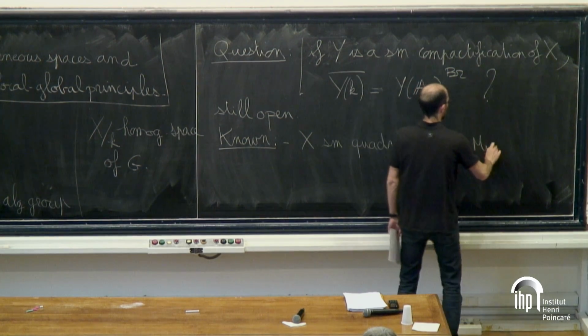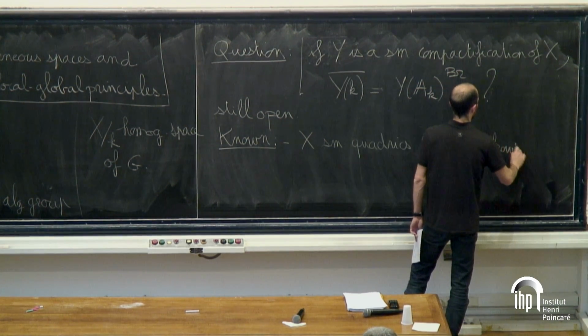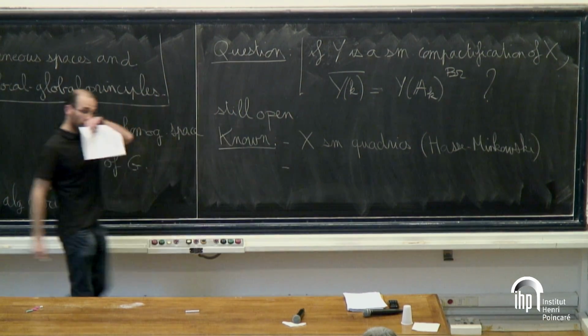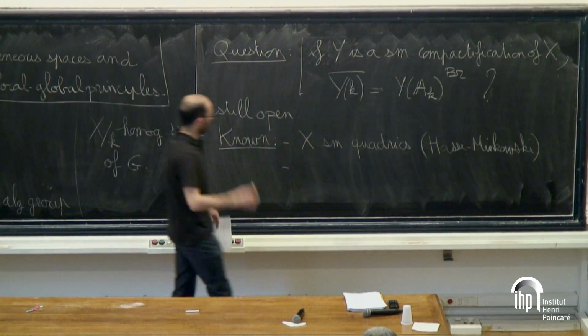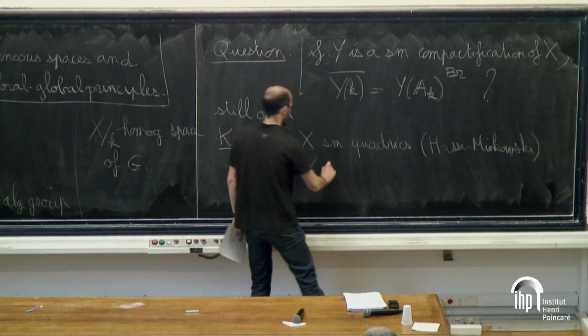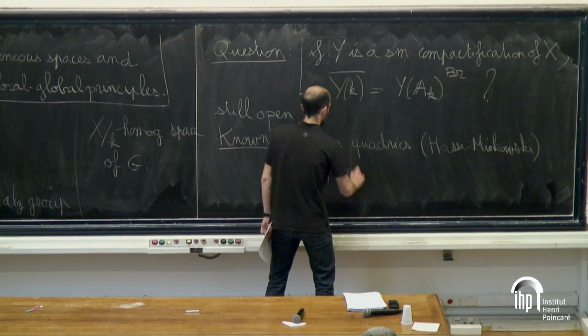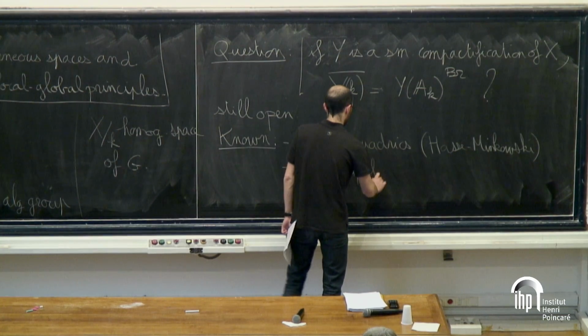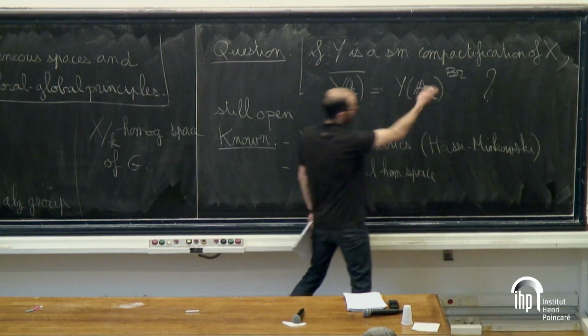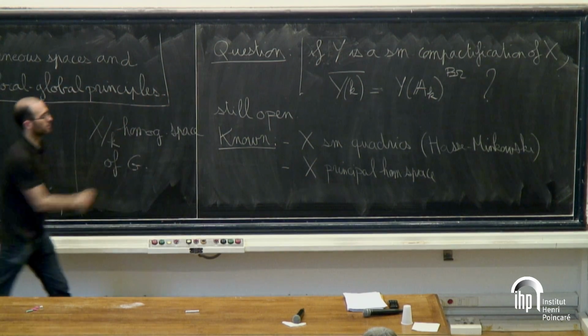And more generally, as in the talk by David Harari, if you're interested in a principal homogeneous space, so if you assume the stabilizers are trivial, then the answer is yes to this question.